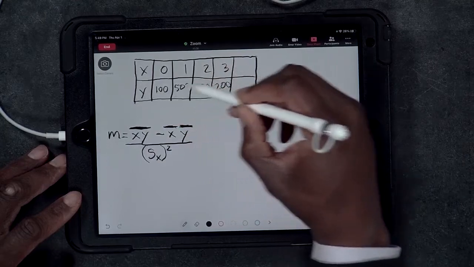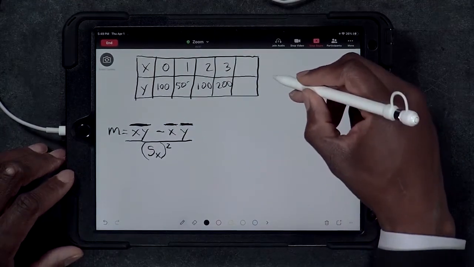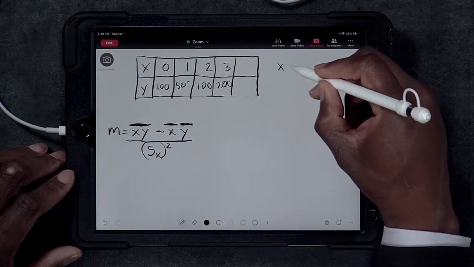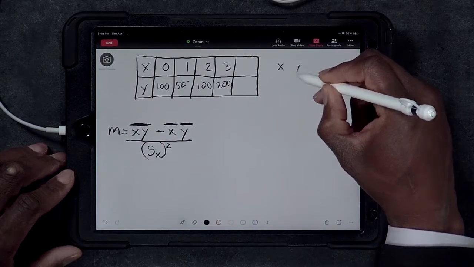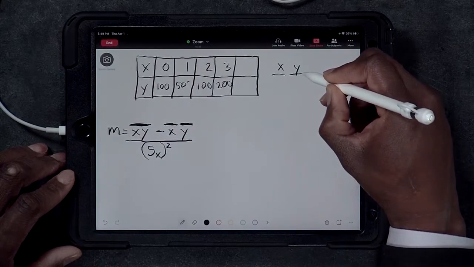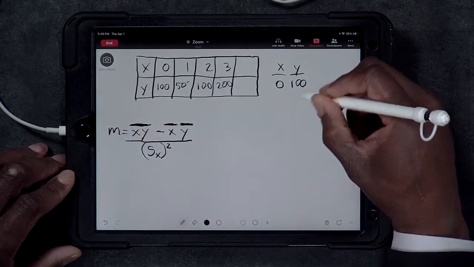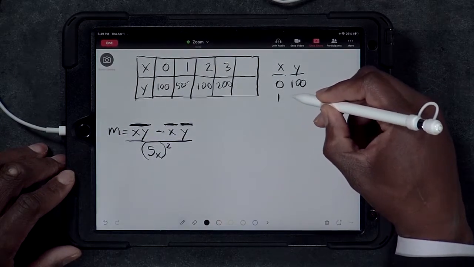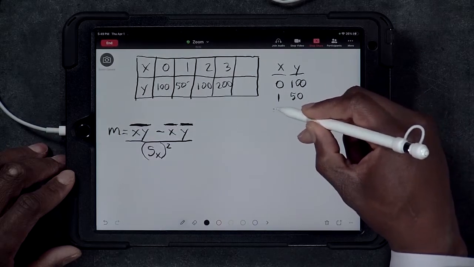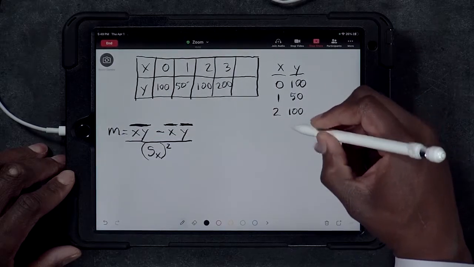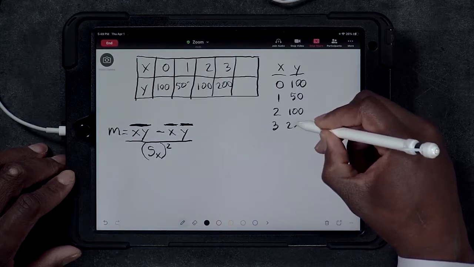So I think what might be helpful for me is to just rewrite this. I hope you don't mind. I'm just going to rewrite this in a little bit different way. I have 0, 100. Just write my data vertically. I've got 150, 2, 100, and 3, 200.